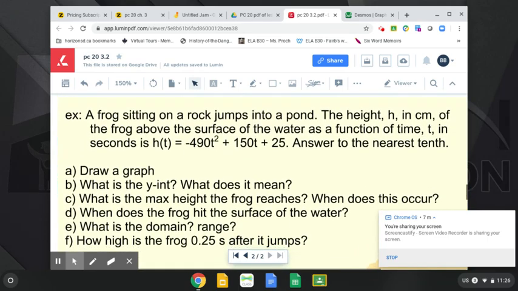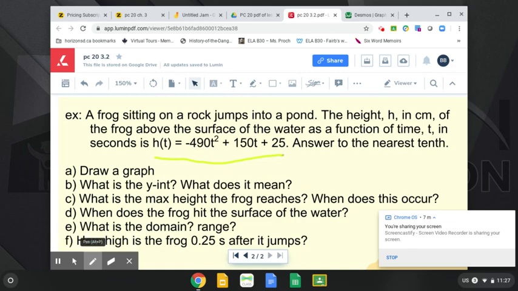Now I'm going to go over one question that is a word problem. We'll just do this first one and then we'll leave the last slide. It says, a frog is sitting on a rock and it jumps into a pond. The height, h in centimeters, of the frog above the surface of the water as a function of time t in seconds is that quadratic right there.